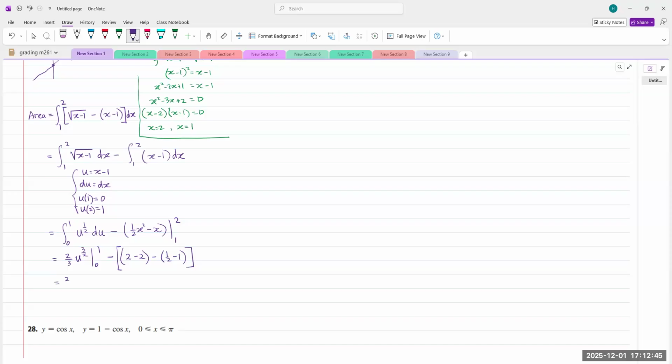So this is 2 over 3 minus 0, minus negative 1/2. Is that right? So I get 2 over 3 minus 1/2, that's 4 minus 3 over 6, that's 1 over 6. Oh, that's a very, very small region.